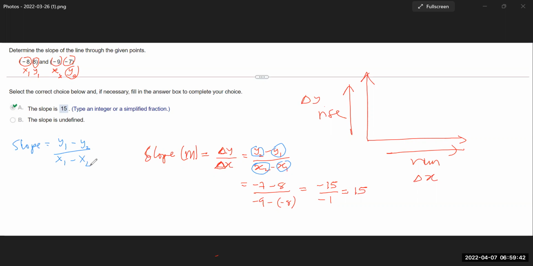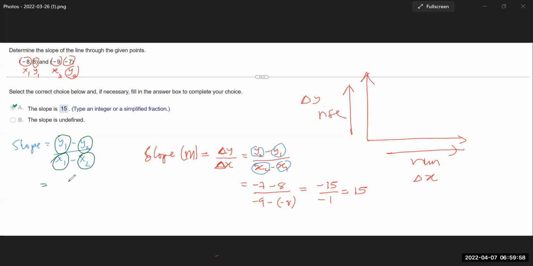The difference is that if you have y1 here, this should be x1. If you have y2 there, this should be x2. So that's the difference. Let's use this to find the slope as well.